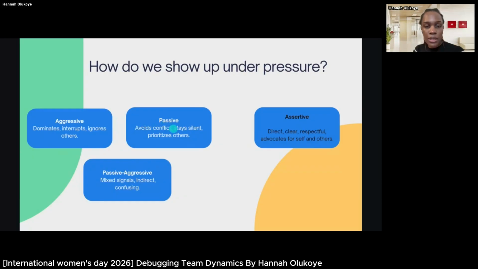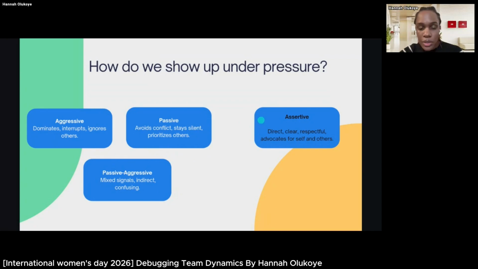Someone who's passive would be avoiding conflict, wanting to always stay silent during discussions or heated conversations, and more often than not they would prioritize others before themselves. And when you combine these two traits, passive-aggressive, it's someone who's giving you mixed signals, who's indecisive or indirect when trying to communicate, and they'll always send confusing signals.